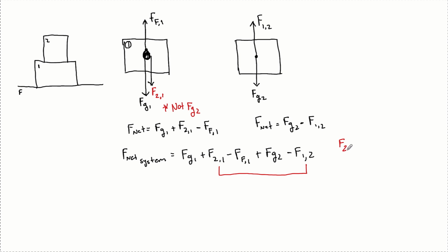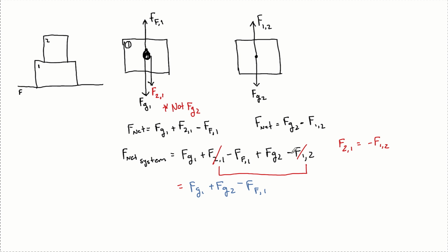We have the force that 2 puts onto 1 is equal and opposite to the force that 1 puts onto 2. So these essentially go away. And this cleans up very, very nicely now to FG1 plus FG2 minus the force that the floor puts on 1, which is really just the force of the normal.